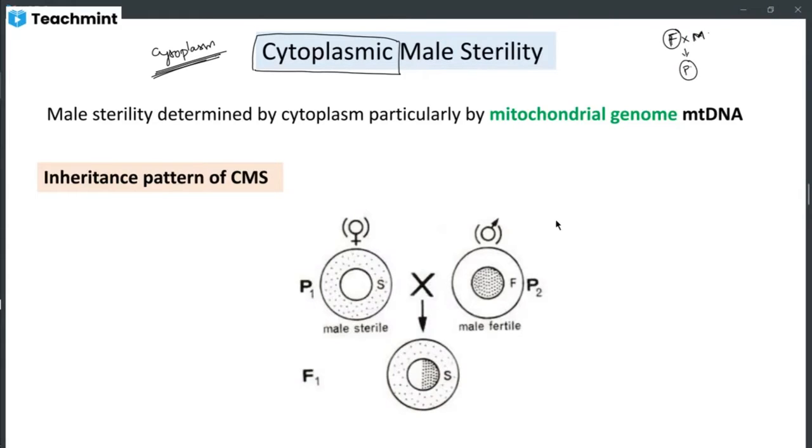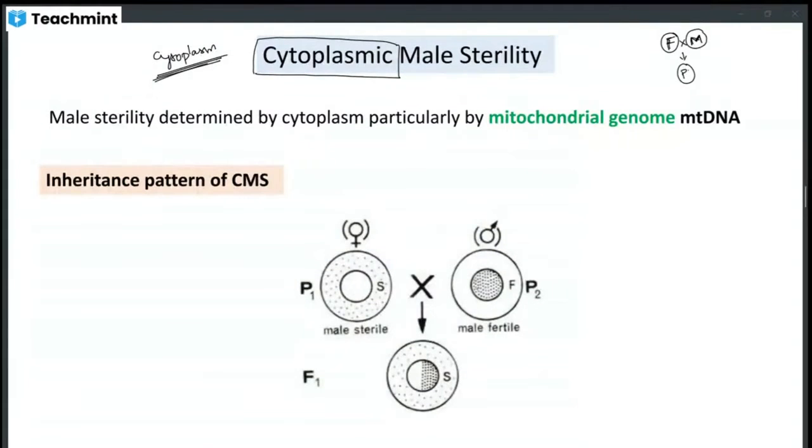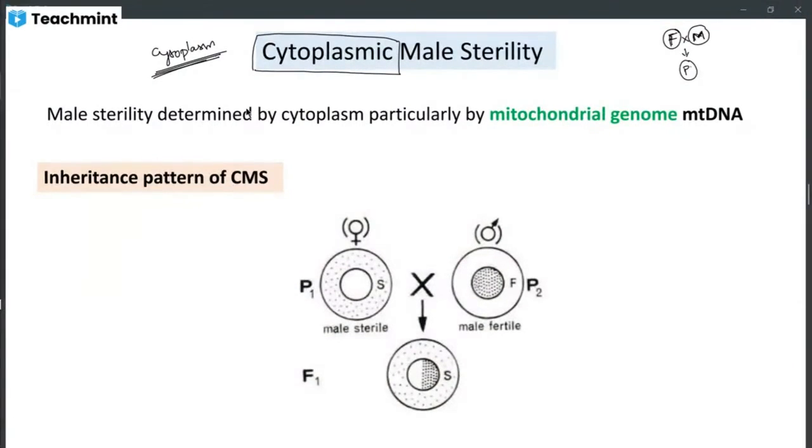Whether it comes from the female parent or from the male parent. Female parent. Yeah. So every time you cross a female parent and male parent, in the progeny the cytoplasm is always from the female parent only.